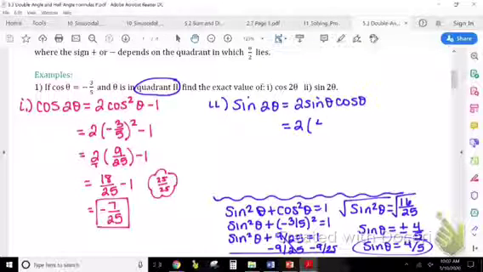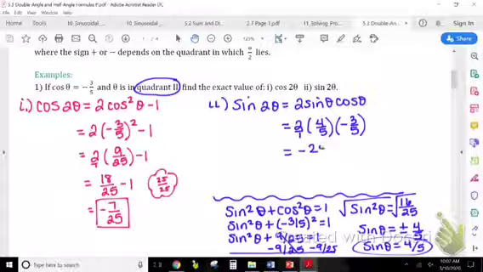So we got 2 times sine, which is 4/5, times cosine, which is negative 3/5. And so we're multiplying with fractions, so just multiply all the tops. Multiply all the bottoms, the denominators. And there's our solution.